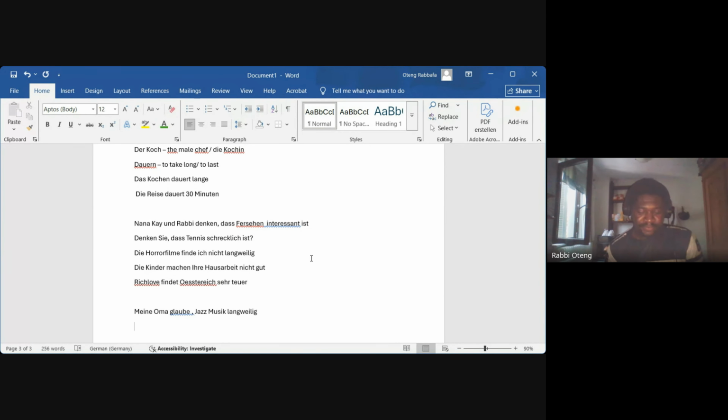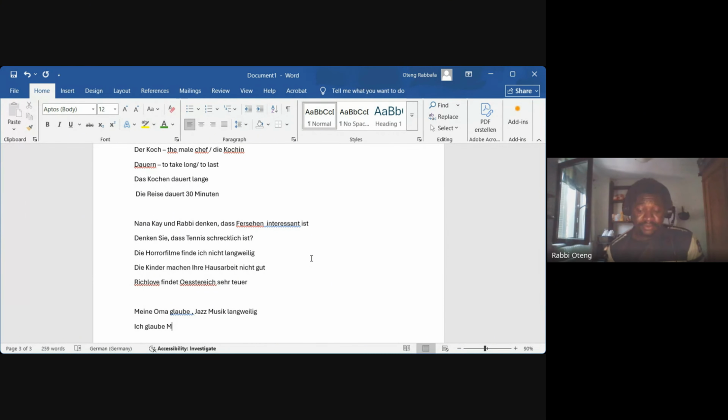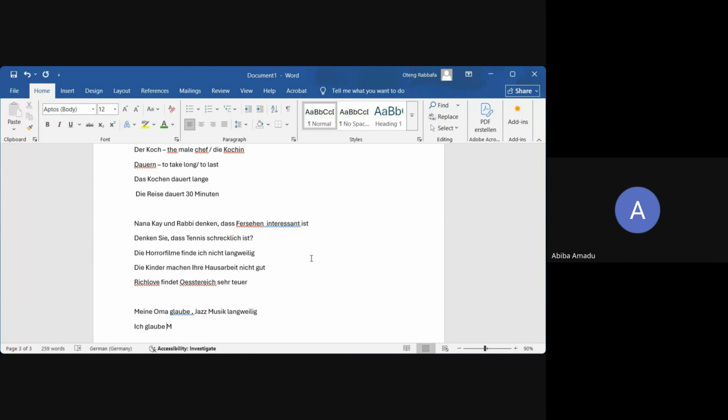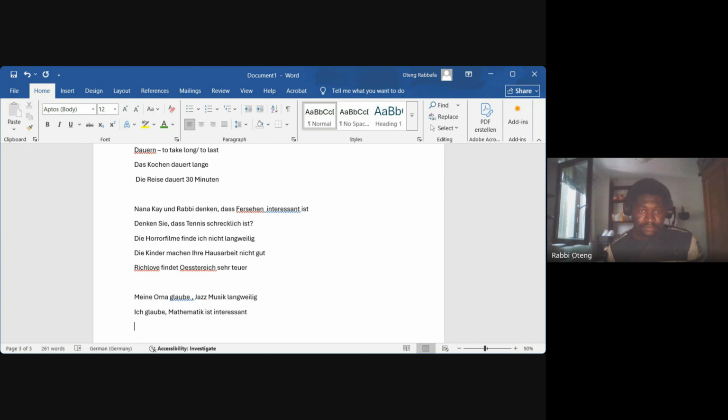Next sentence, glaube. And I also said Mathematik ist interessant. "Ich glaube, dass Mathematik interessant ist."